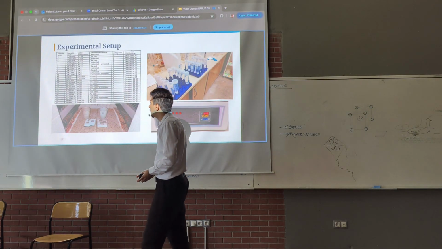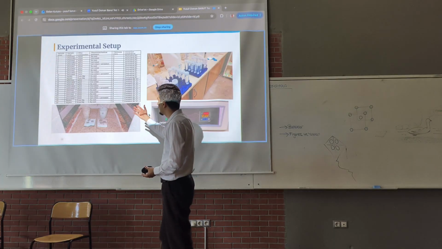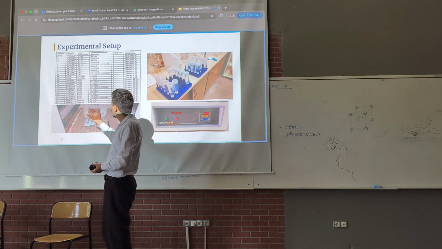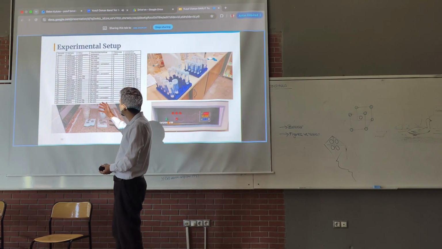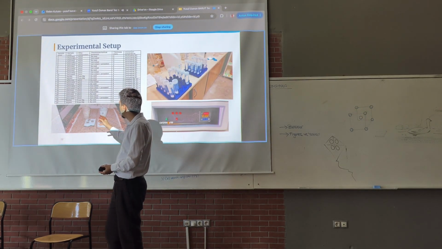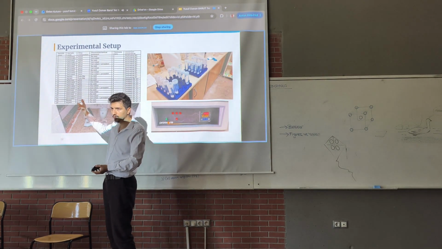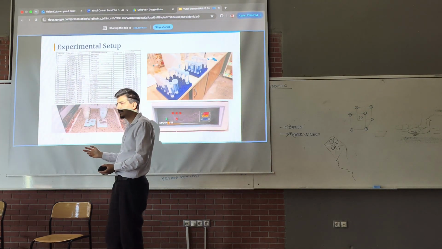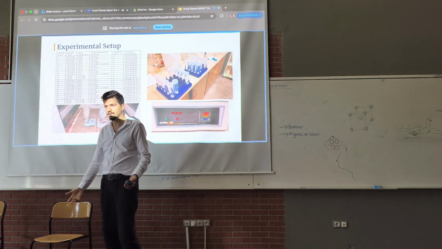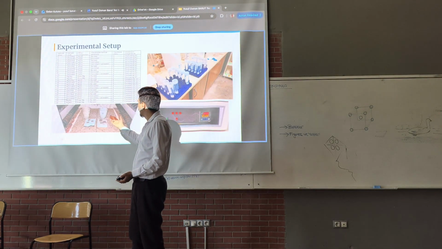In our experimental setup, we use different alloys, AZ31 and ZX31, and as a reference, pure magnesium ingot. And we use different thicknesses of these samples.